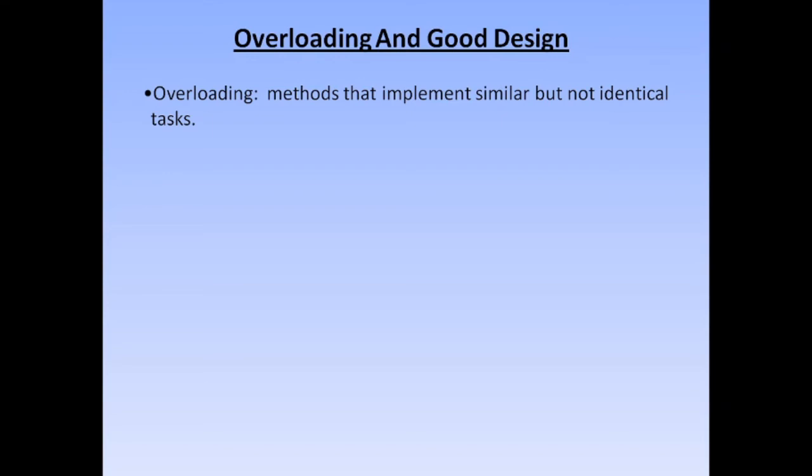Suppose we are creating functions called area, and this area has to be calculated for a square, a rectangle, a triangle, and a trapezium. Then what will we do? We will name the method area, and then we will pass the arguments accordingly. So the respective overloaded form of the method will be called.